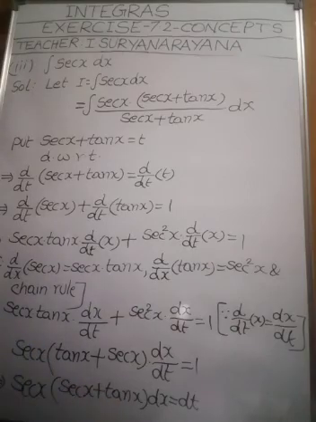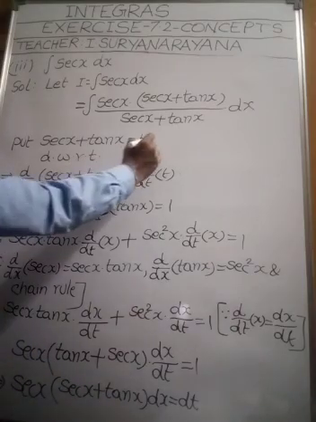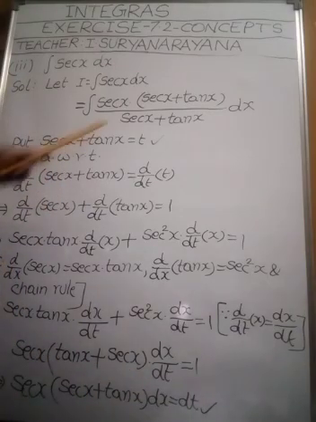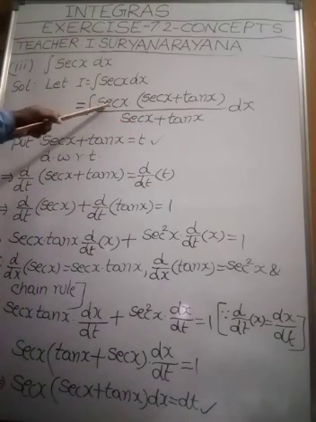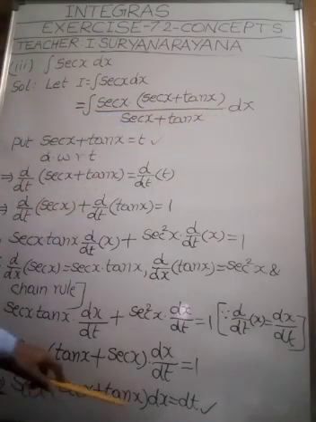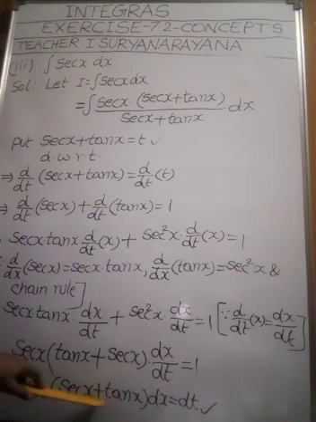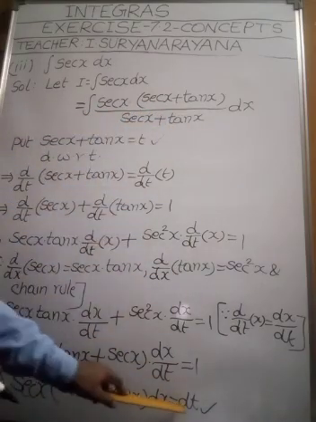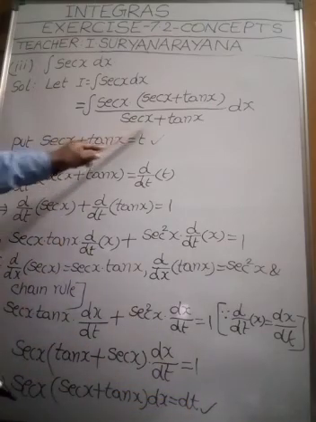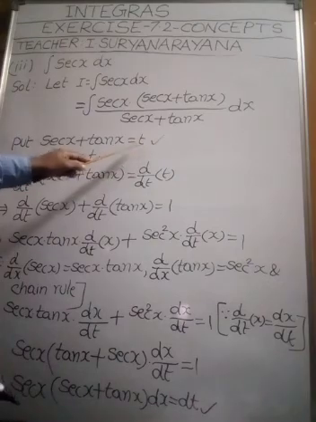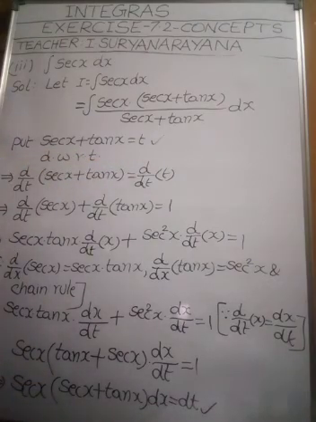Understood this step, my children? Now we substitute this value and this value in the integral secant x into secant x plus tan x dx. We got that secant x into secant x plus tan x dx is dt. So we substitute in the numerator as dt by secant x plus tan x. What is secant x plus tan x? t. We substitute these two values. Understood this part, my children?